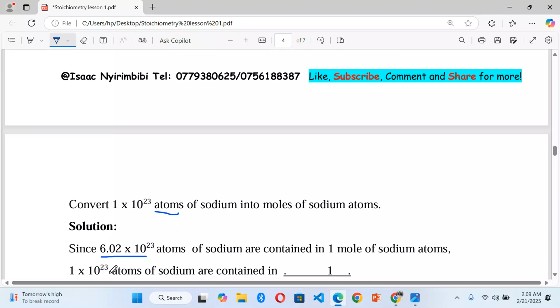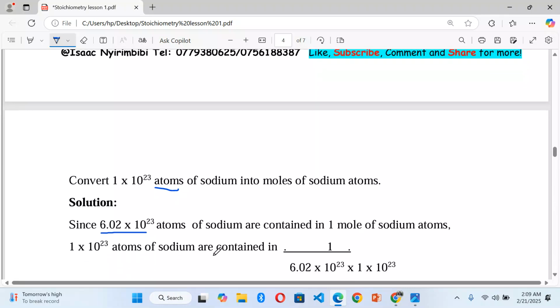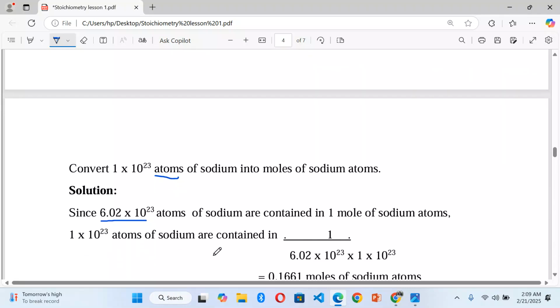So we shall be having 1 over this, then we multiply by 1 times 10 to the power 23. Then we divide by this.